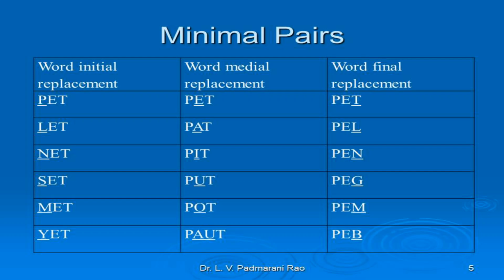If it is replaced with N, it becomes PEN, pen. Similarly, we have PEG, peg, PEM, pem, and PEB, peb. The two words PET and PEB are different in only one sound, the t sound in the word final position and the b sound in the word final position. Such pairs are called minimal pairs.